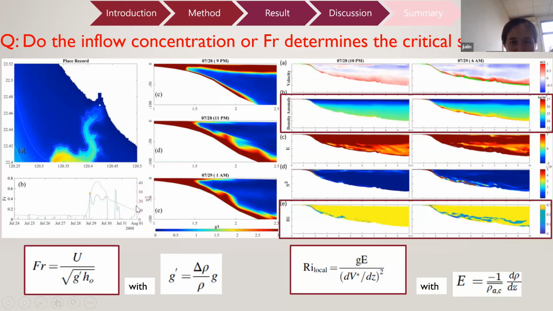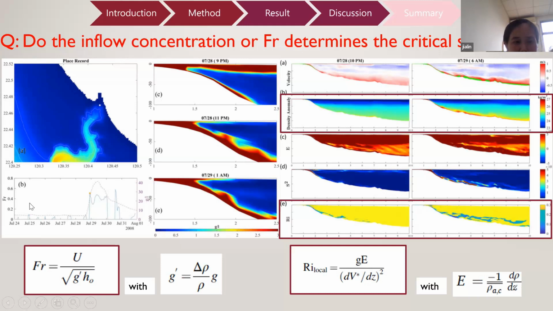If the sediment concentration is greater than 35 or 40 grams per liter, they think the density current will occur. And in much of the reservoir literature, they believe that if the flow number is greater than 0.8, the density current will occur.